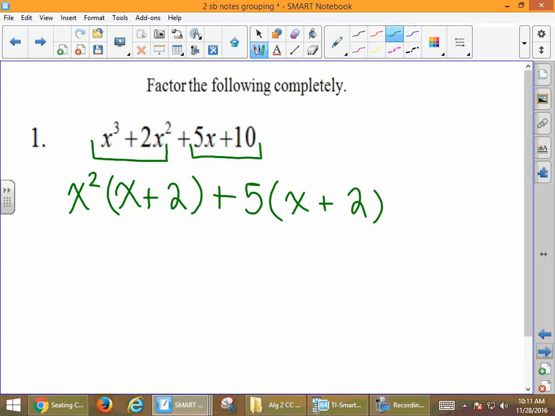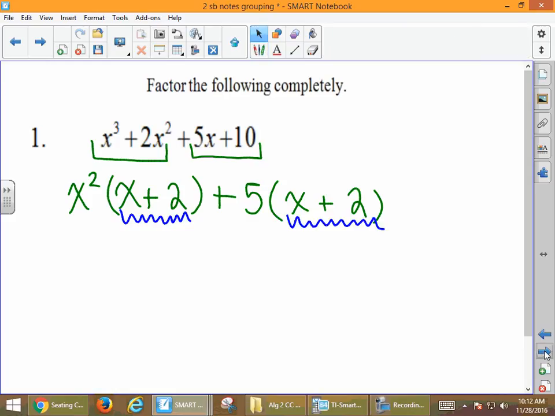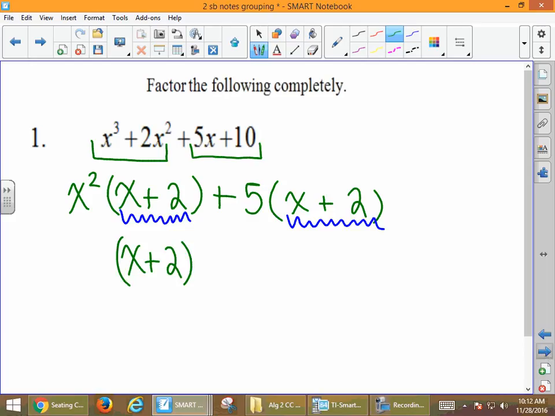but we want to finish here. And what happens now is we're going to look for the greatest common factor one more time from each group. And what we see from our first group is that we have in x plus 2, and in our second group we have in x plus 2. That's our GCF of our group. So we write down x plus 2.